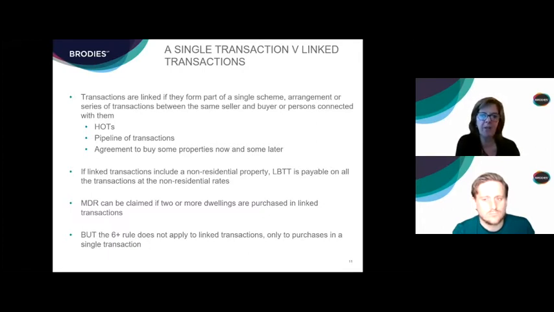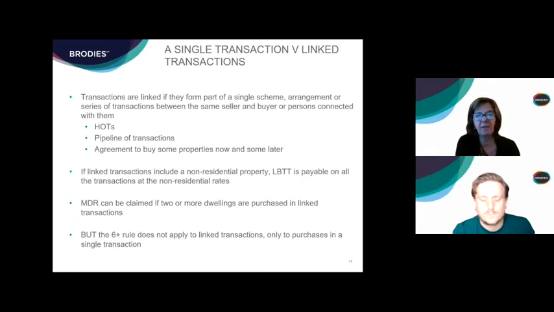Also, as we've mentioned, multiple dwellings relief can be claimed across linked transactions. So if you have 2 or more dwellings in linked transactions, you can claim the multiple dwellings relief on those dwellings. But the 6+ rule doesn't apply to linked transactions, only to purchases in a single transaction.